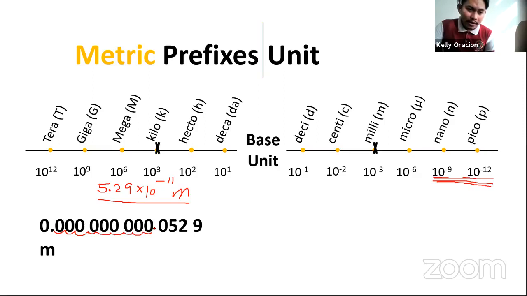We stop here. So, the scientific notation becomes 0.0529 times 10 raised to negative 9 meters. Sorry, 529, I forgot the 9.